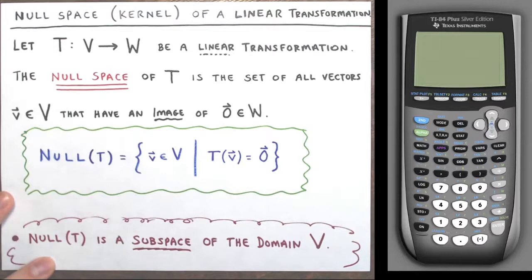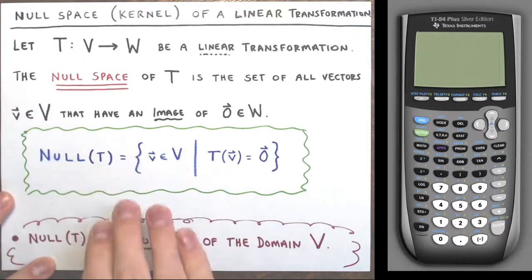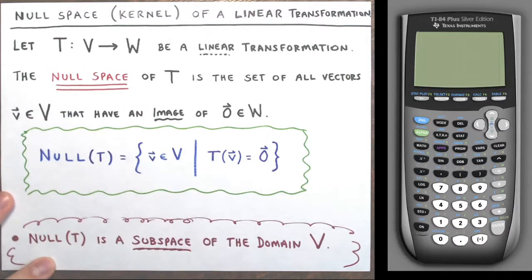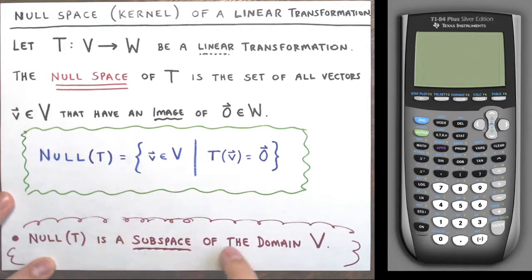This can all be shown through the additivity and homogeneity properties of a linear transformation. So it's closed under scalar multiplication as well, and it's a subset of V. Therefore, it's non-empty, closed under addition, and closed under scalar multiplication. This is a subspace of V.